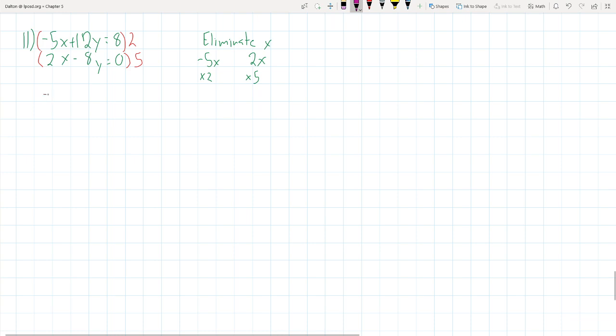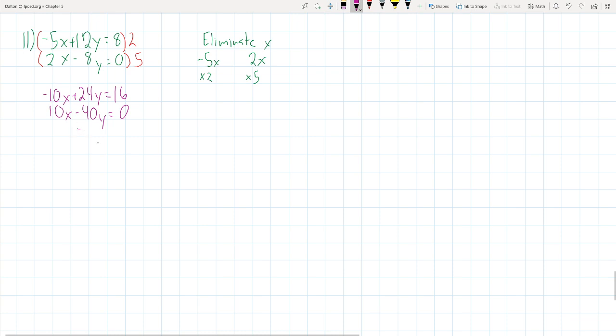So I get negative 10x plus 24y equals 16. And I get 10x minus 40y equals 0.